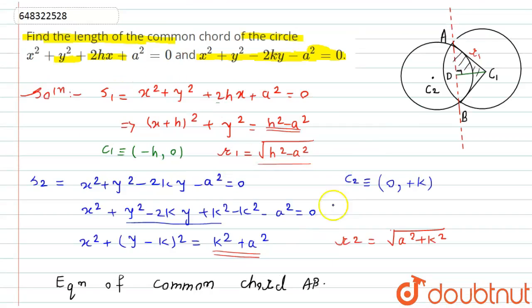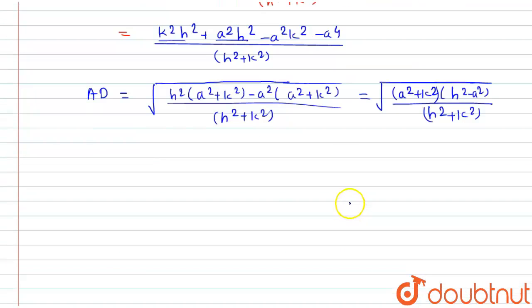But according to the question, we need to find the length of the common chord, that is AB. Now AB is nothing but 2 times AD, because this much length is nothing but half of AB.